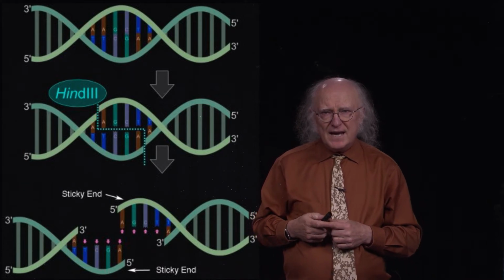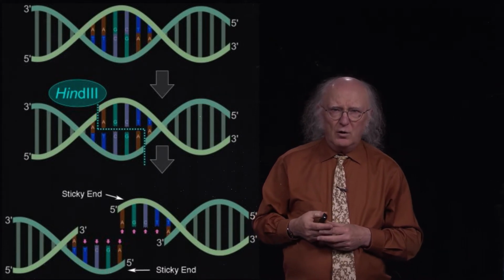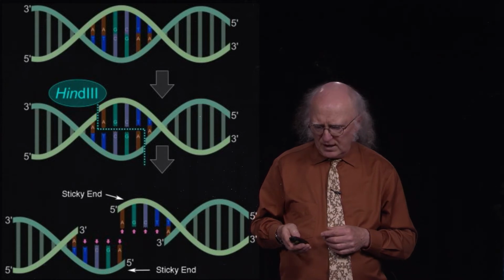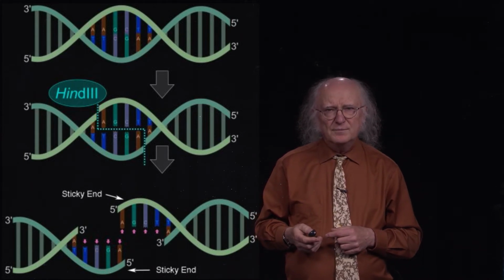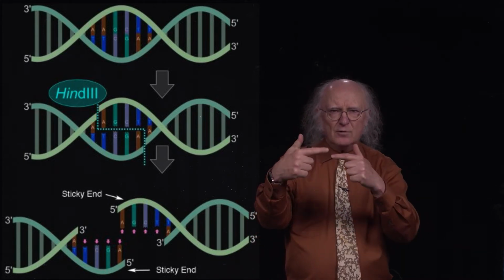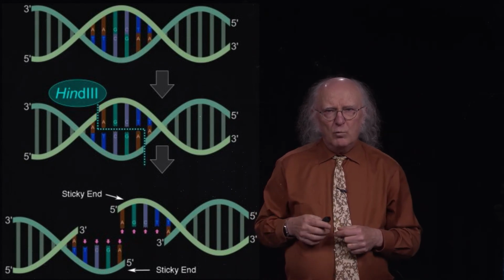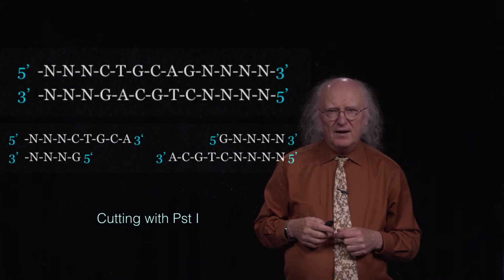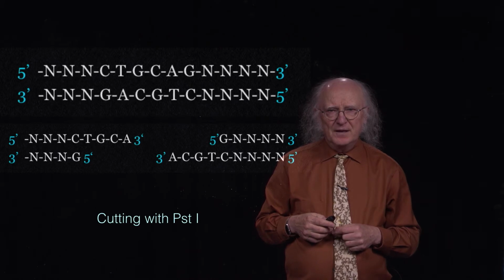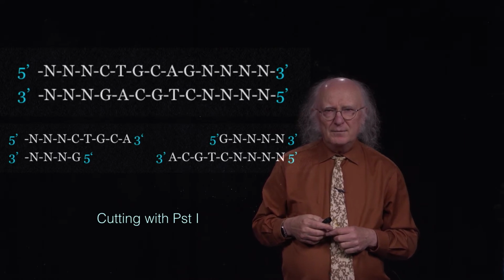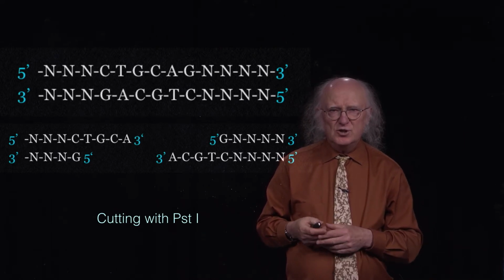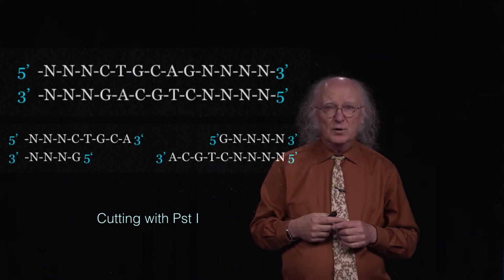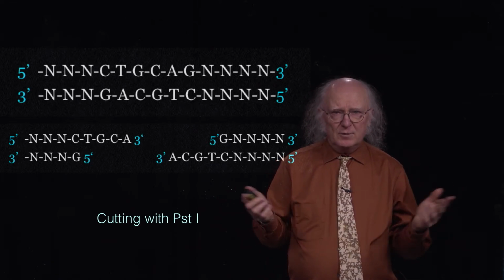Now, you can see the action of an enzyme called HinD3 acting to cut a double-stranded DNA here. And because of the staggered nature of the cuts, one ends up with DNAs that have what we call sticky ends. And so here's an example of an enzyme that recognizes the sequence CTGCAG. It's the enzyme known as PstI.